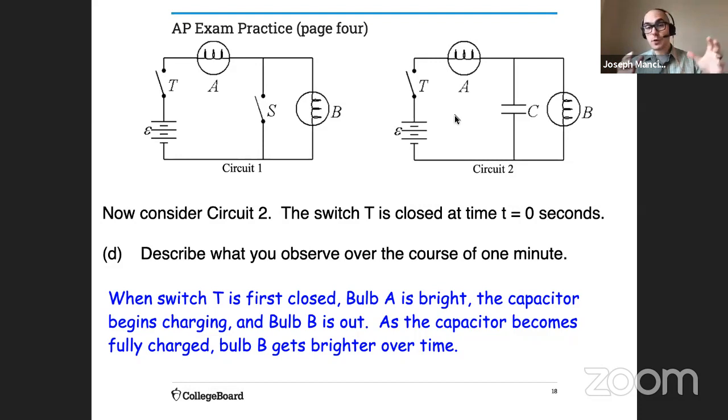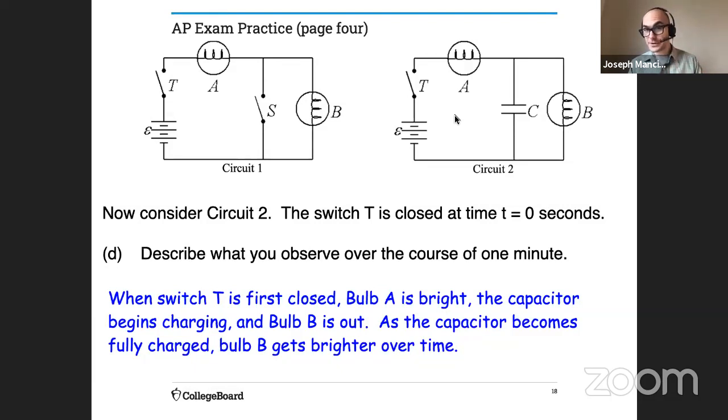Within the first moments that that capacitor is charging, bulb B is getting brighter as the potential difference across the capacitor increases, or as the capacitor becomes charged, or as less current flows to and from the capacitor, however you feel like expressing that. The total resistance of the circuit, though, is increasing.